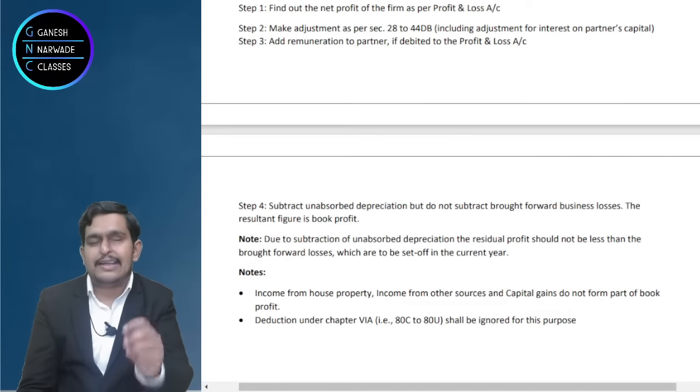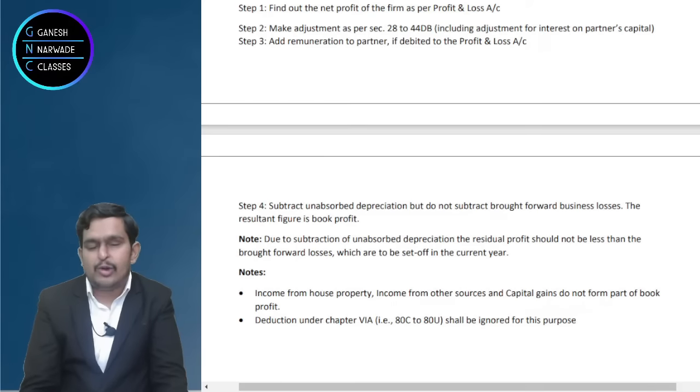But after deducting unabsorbed depreciation, if your book profit goes below business loss, then please ensure that your unabsorbed depreciation is restricted to such amount which will ensure your book profit is not less than business loss. That's it.